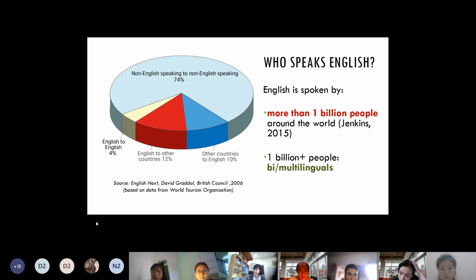It's quite clear here. The majority of communication in English is between non-native and non-native English speakers, and only 4% is between native English speakers. So it means that English is used in the world as the lingua franca.